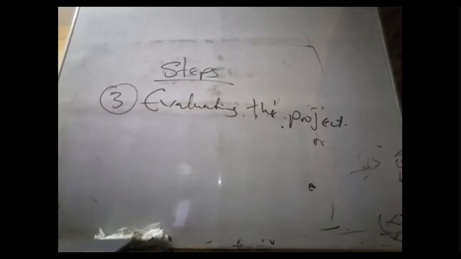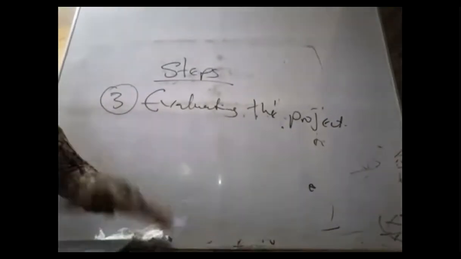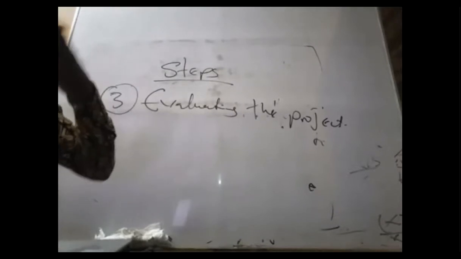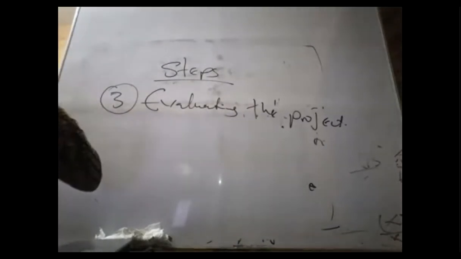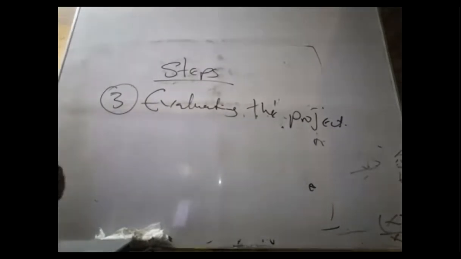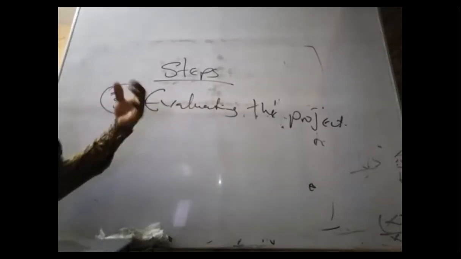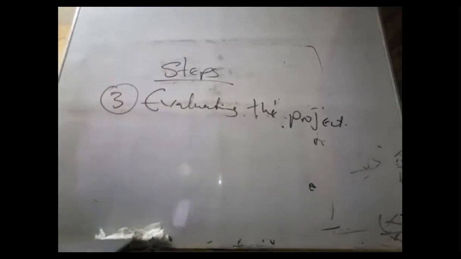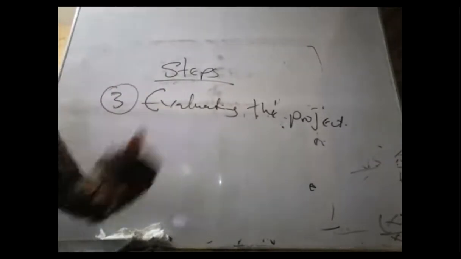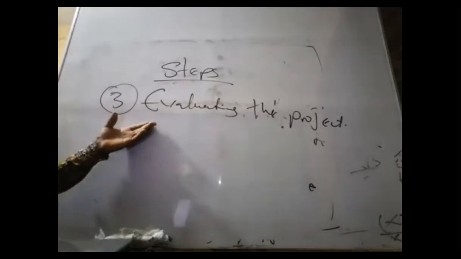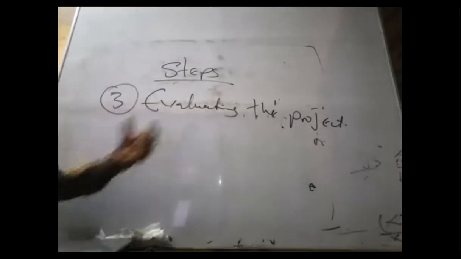So step 2, after a successful forecasting of the cash flows. Tell us the estimate of revenues or cash inflows, and payments or cash outflows, that you are likely to earn or pay. So that was step 2. After you have generated the cash flows relating to the project, move further to step 3, which is evaluate the project.